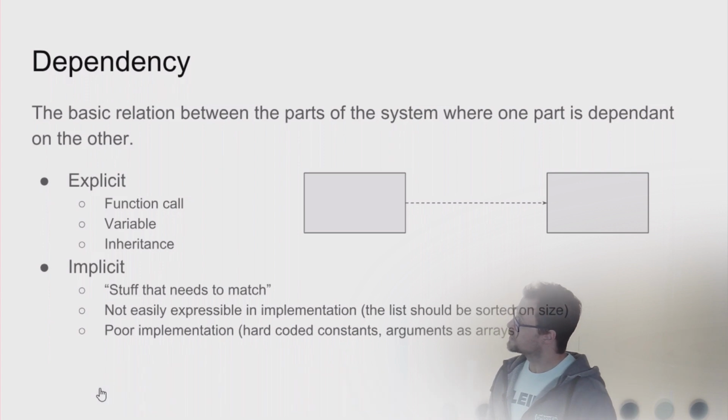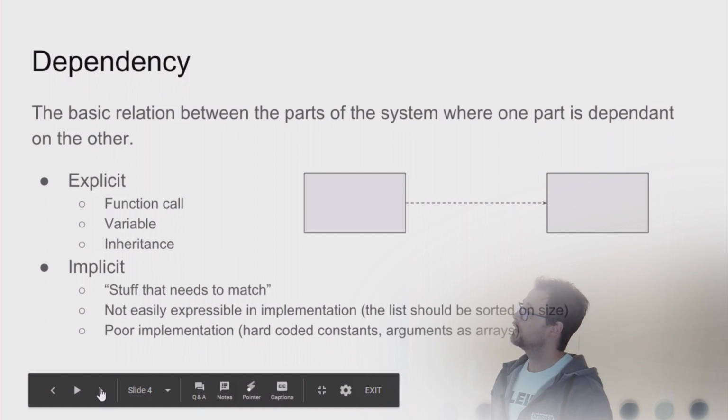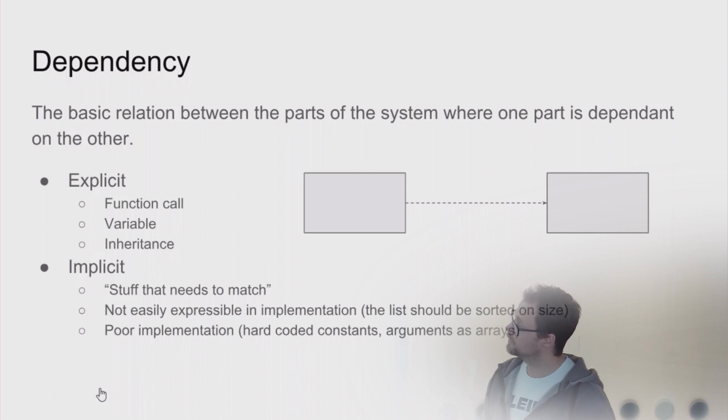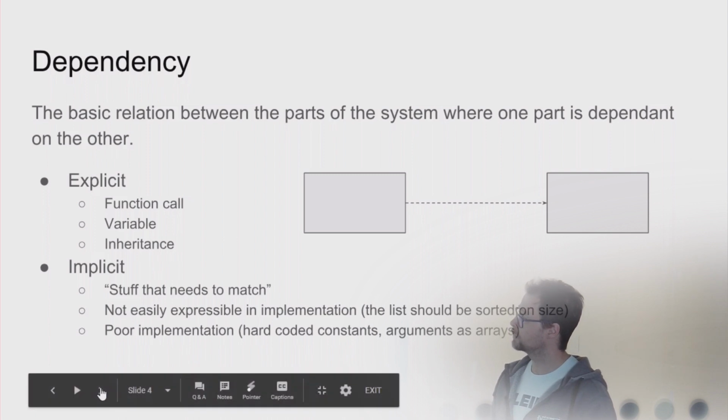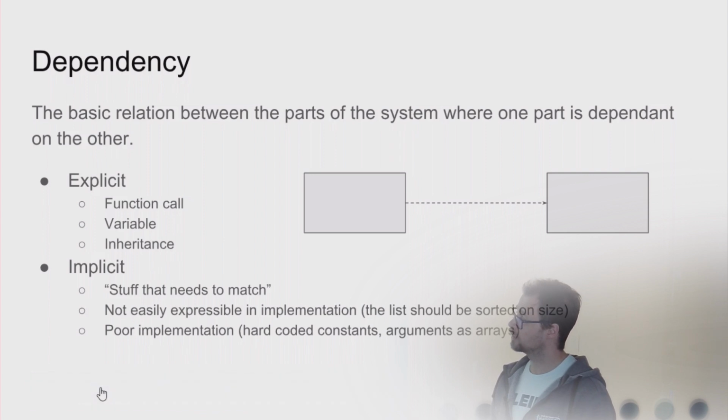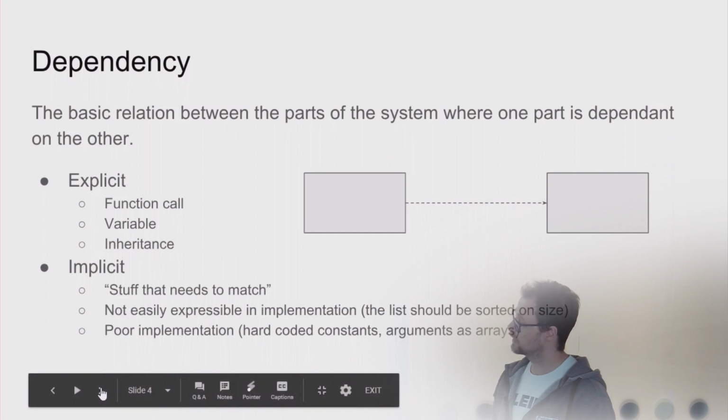And as you may have noticed, I talked a little bit about this dependency thing. If we're talking UML right now, a dependency is a basic relation between the parts of the system, where one part is dependent on the other. And it looks something like this.